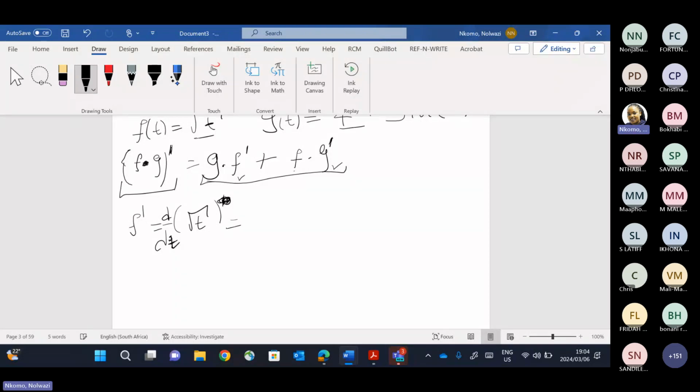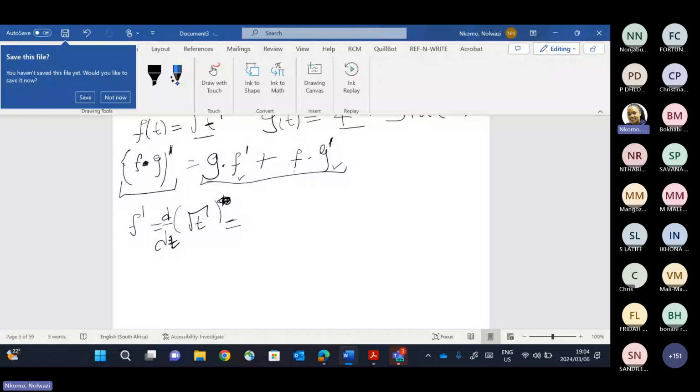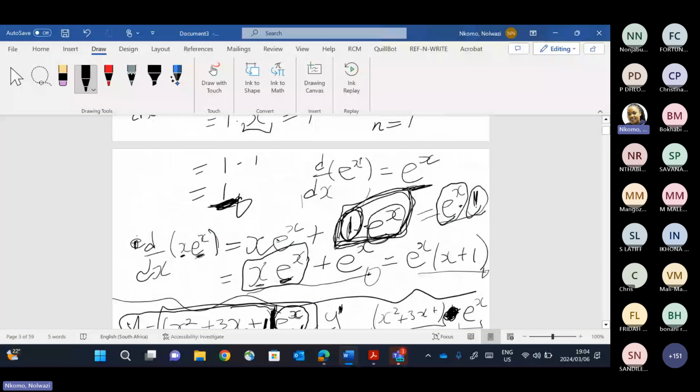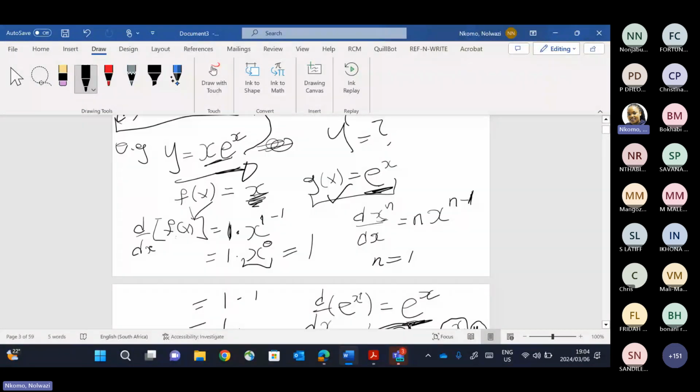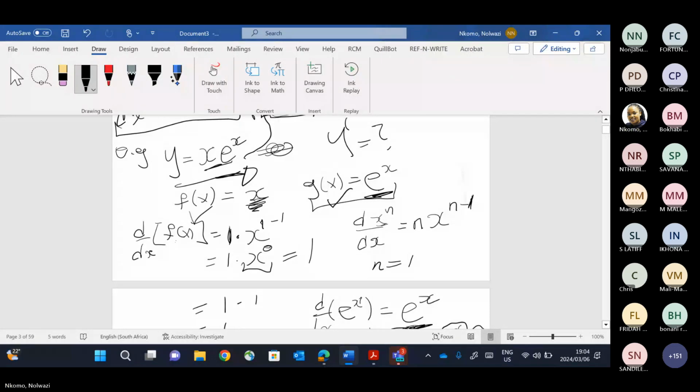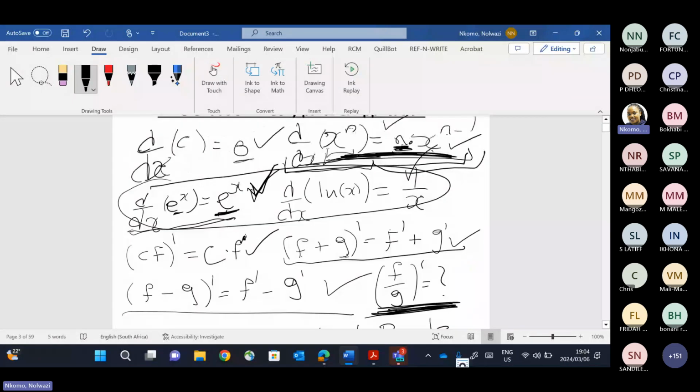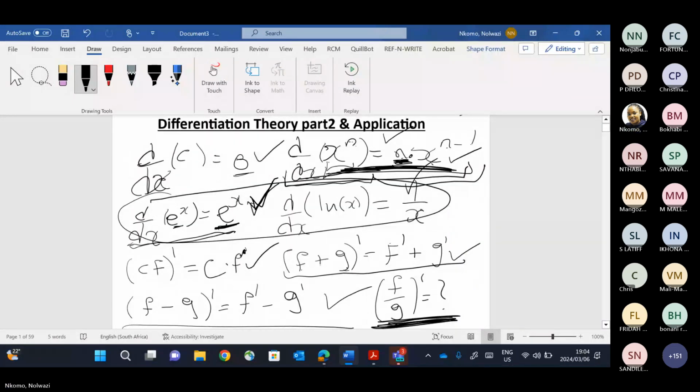If this function is like this, you take it and go through all the rules. You'll see that there is no rule that matches the function square root of t, right? But we did grade 8. I know the math is not a requirement for this module.